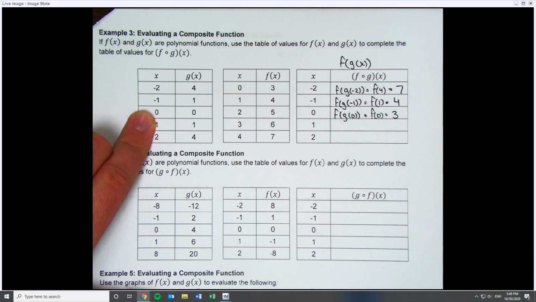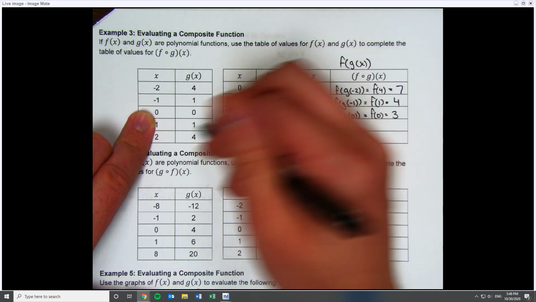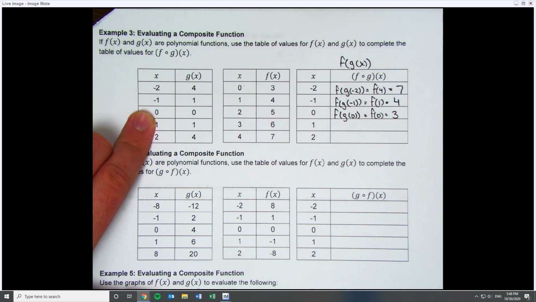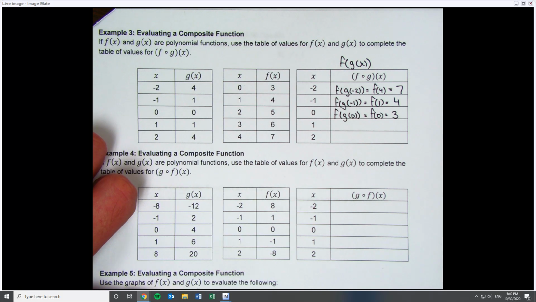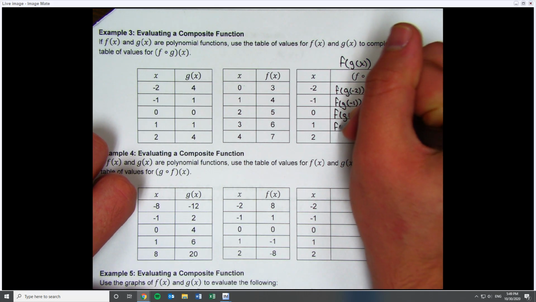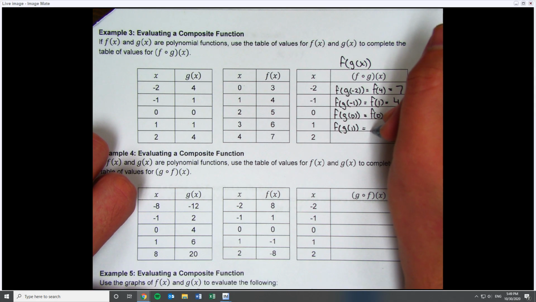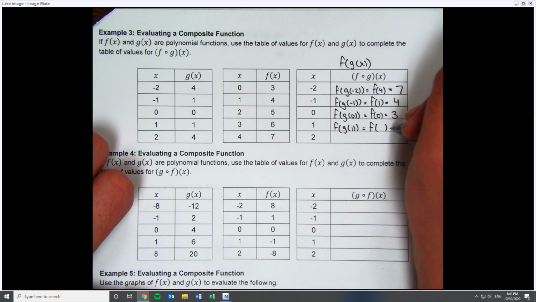So you've probably already picked up that there's a faster way of writing all this down. You don't have to write all this as long as you know how to track the numbers properly. You can just go straight into the answer. But if you need the extra detail or you think you might get mixed up what goes where, writing this will help you out. So now I have f of g of 1, and that's going to give me f of some number.